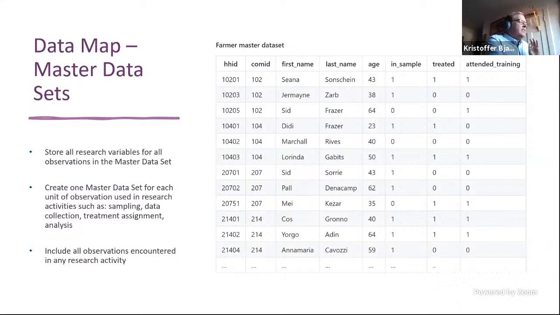Some mistakes like this are always inevitable, but by including all observations we encounter, not just those we intend to include in our study, we are much less likely to make mistakes like this. So knowing that someone exists but is not included in our study is useful information to the team. And that's why we should include everyone in our master data sets.